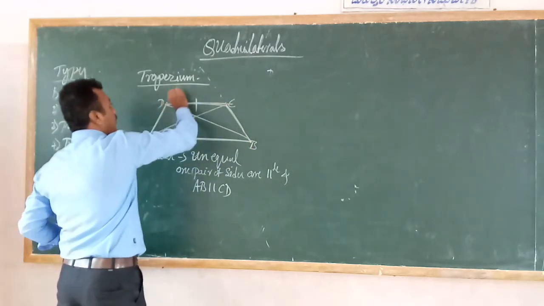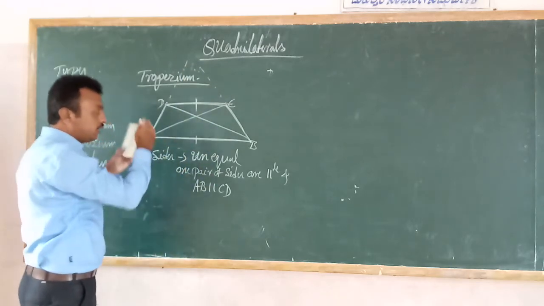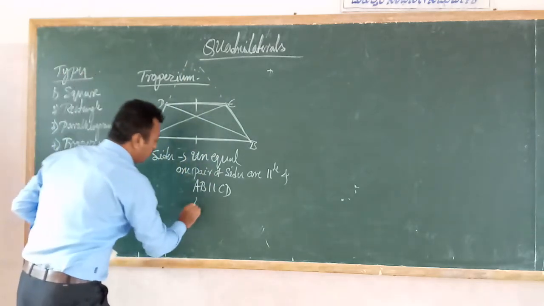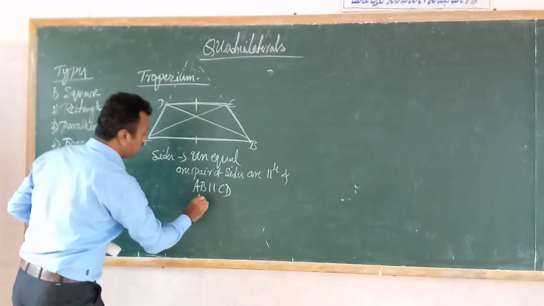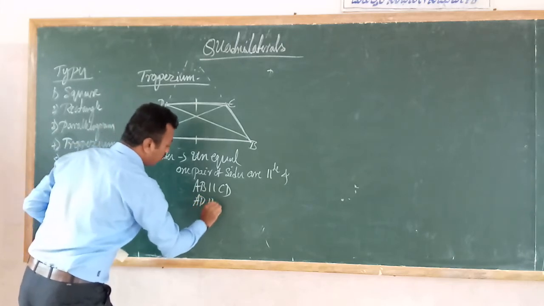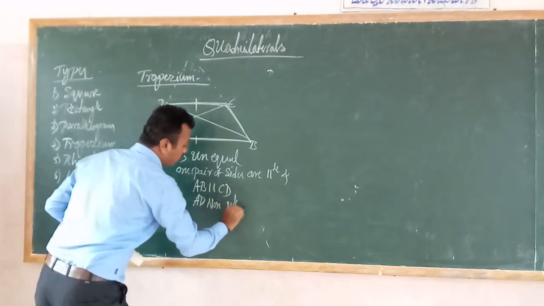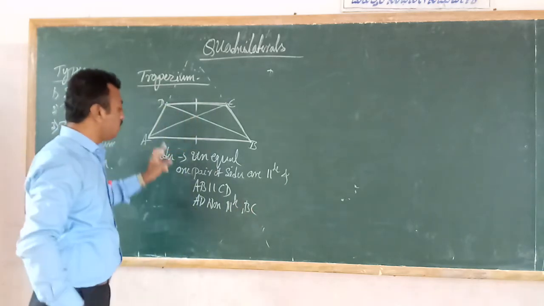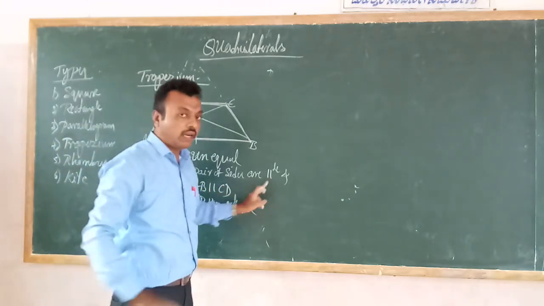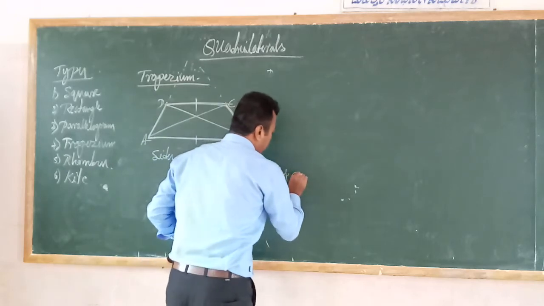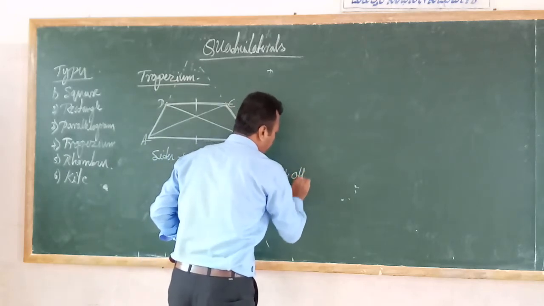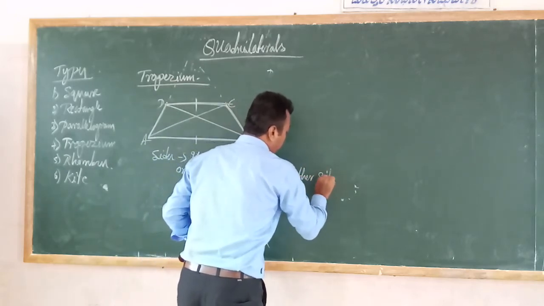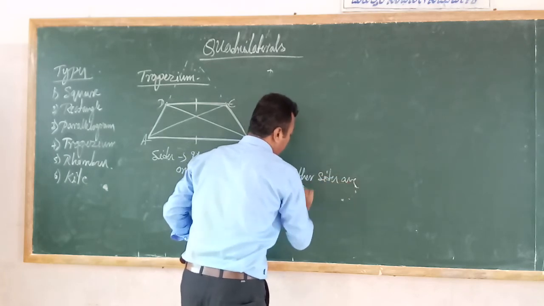If you continue these sides, they intersect at one point. Therefore AD is non-parallel to BC. So in a trapezium, only one pair of sides is parallel and the other pair of sides is non-parallel.